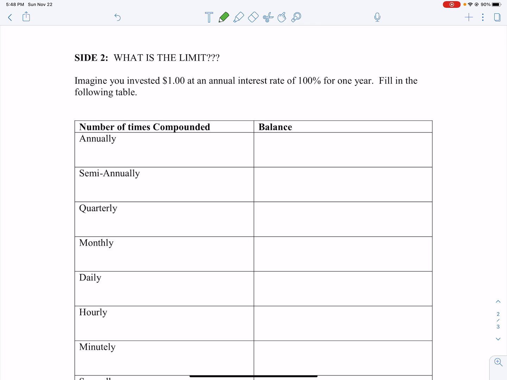So we're going to do the exact same problem, but instead of putting in $500, we're going to put in $1 to take out anything that would change, because multiplying by 1 is not going to change anything. And if we make our interest rate 100%, that would be a 1. So if I say 1 times 1 plus 1 for 1 year, isn't that just going to be 2?